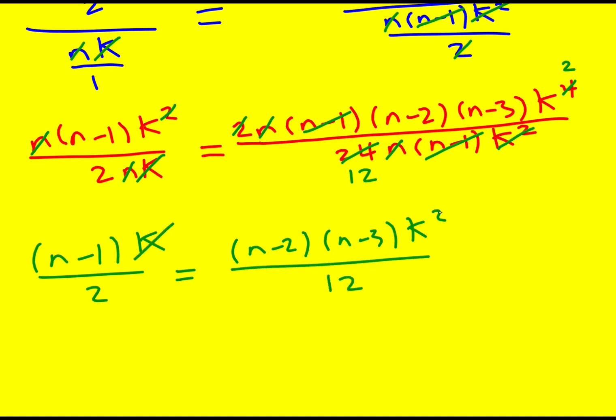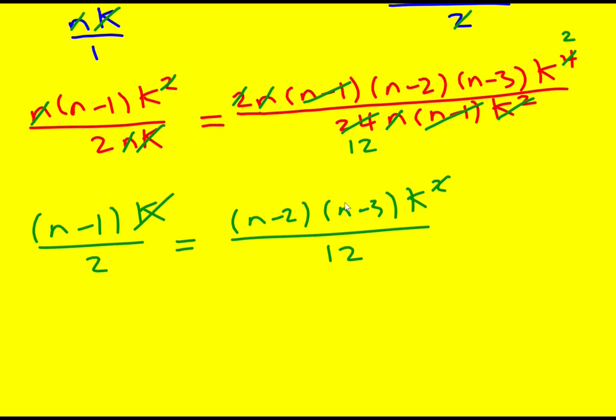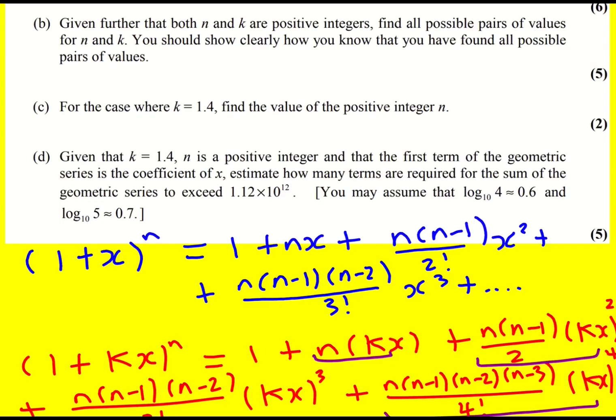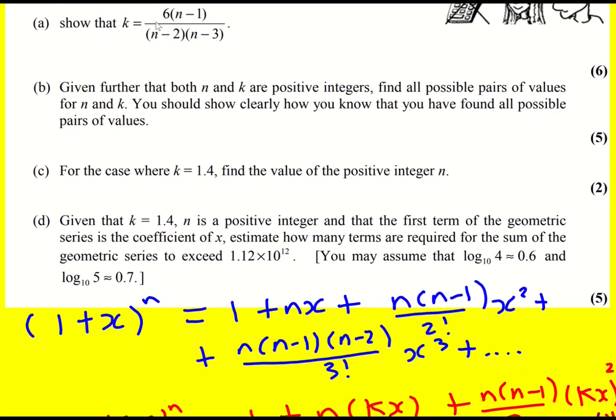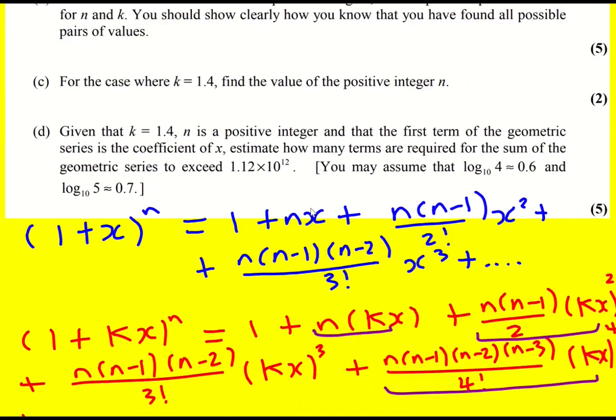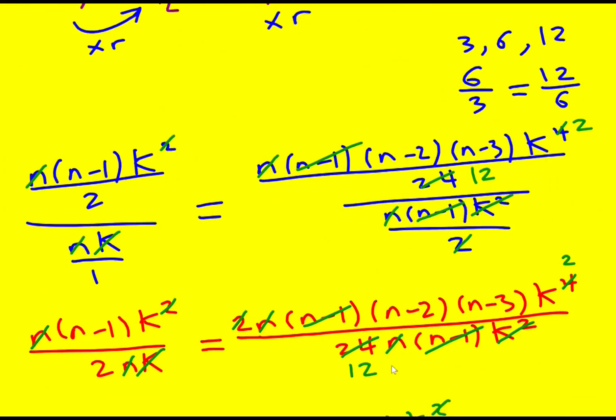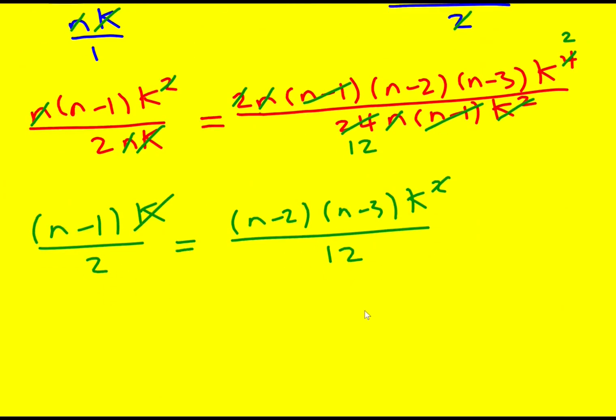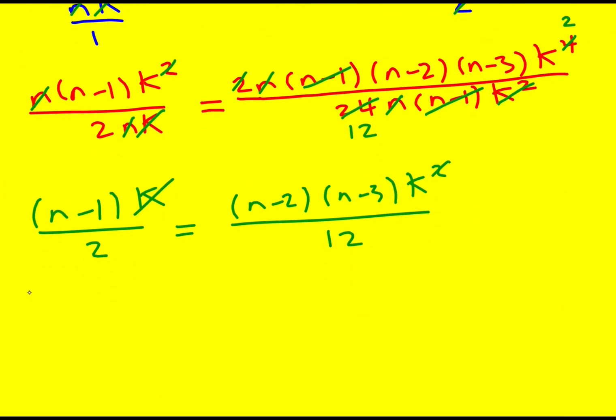Now this k will cancel partially with that, and we're nearly there now. I want to make k the subject. So let's just try and remember where we're trying to get to. This, and you can actually see a lot of the terms in there. You can see n minus 1, n minus 2, and n minus 3, and actually when we times by the 12, it's going to cancel the 2 to leave 6. So this is brilliant.